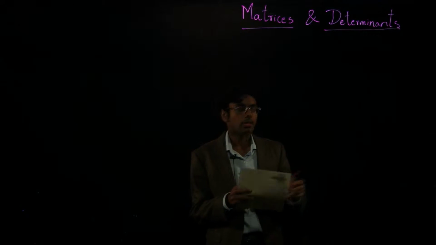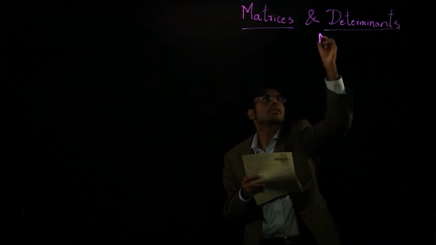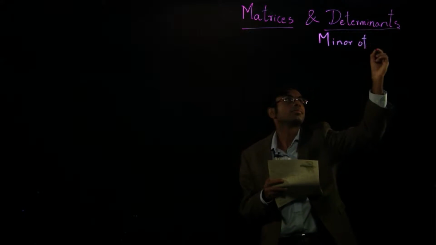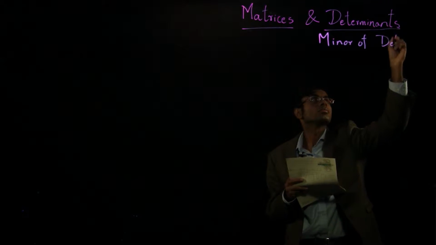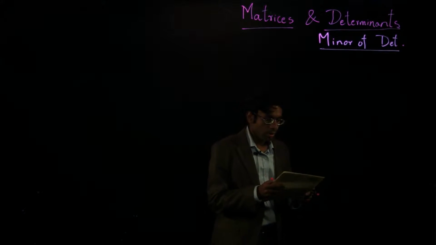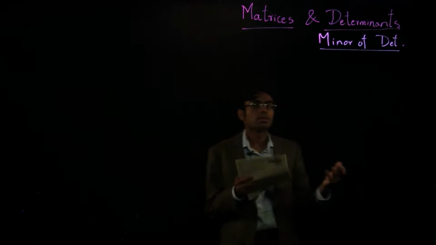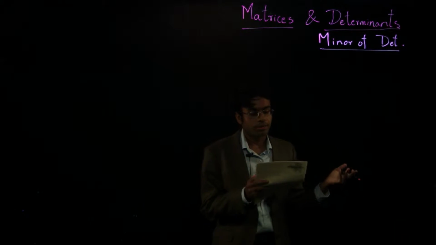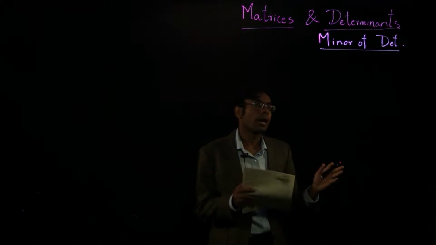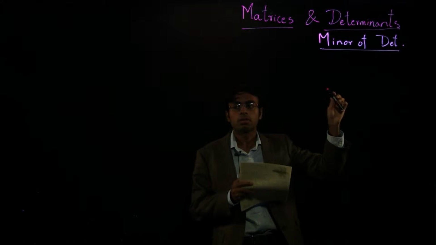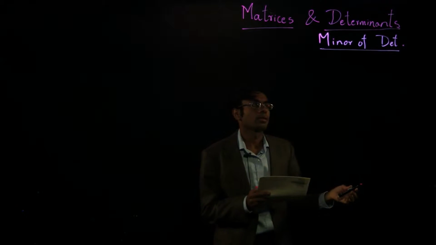So the first one is called the minor of a determinant. And basically, in simple terms, the minor of an element of a determinant is found out by removing the row and column of which the element is a part.